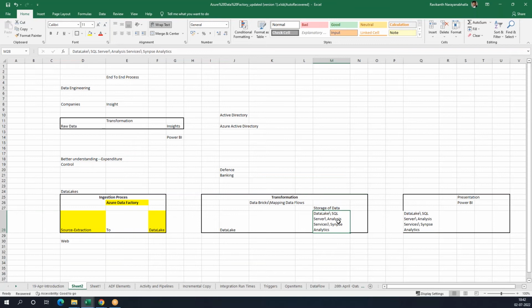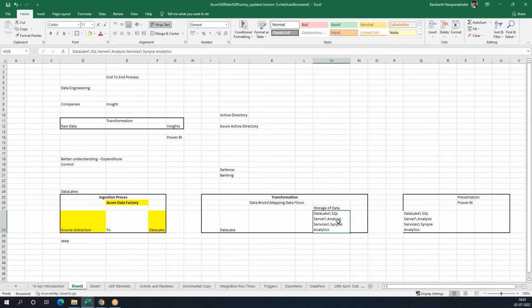Some organizations these days still transform the data and store it in the data lake only, because they're still not sure how the data can be really useful. So instead of going for a SQL Server, which is a costly affair compared to a data lake, they are trying to keep that in a data lake itself.